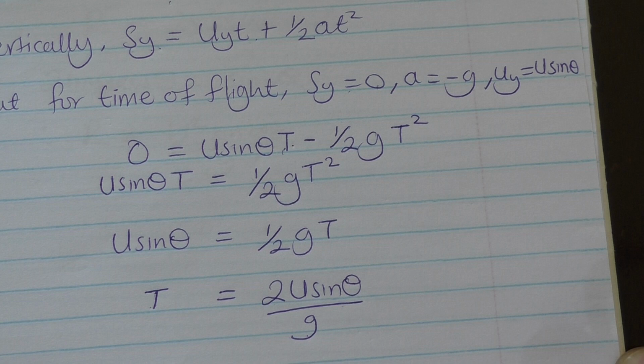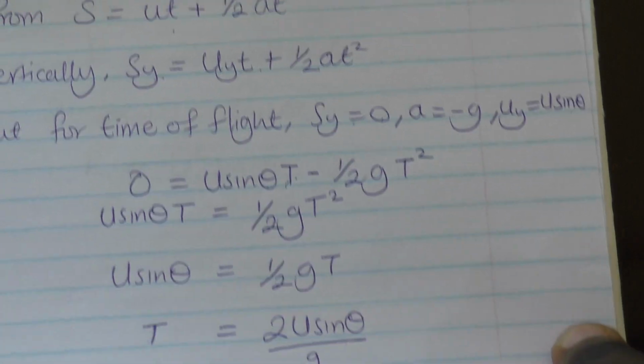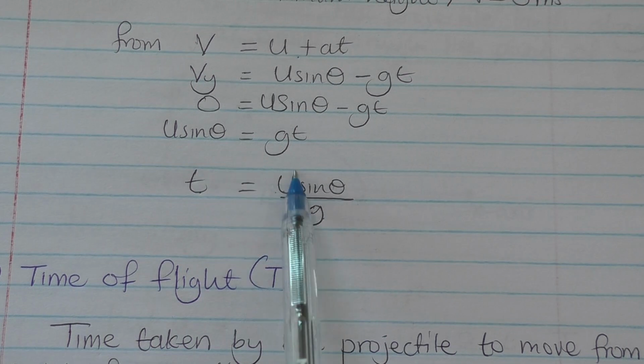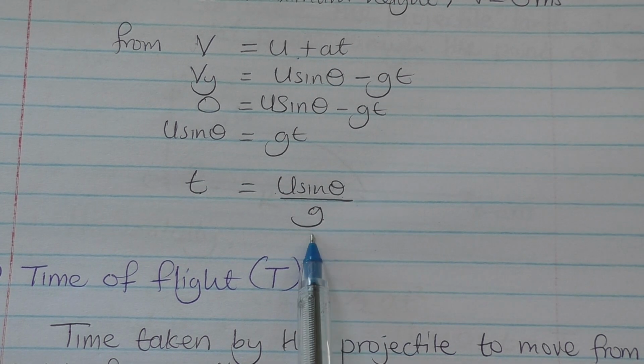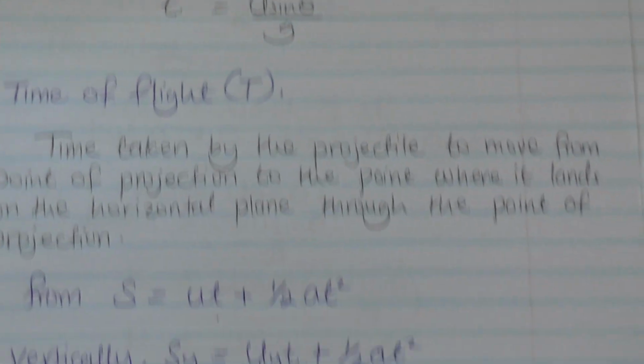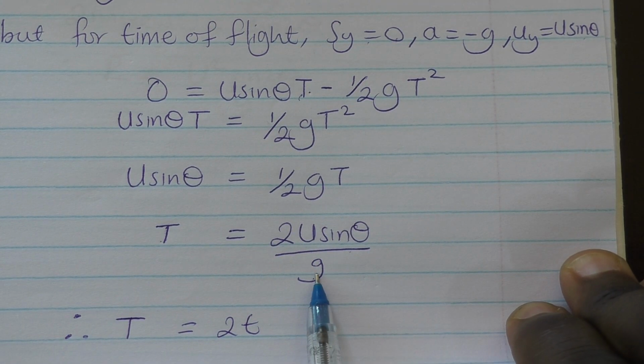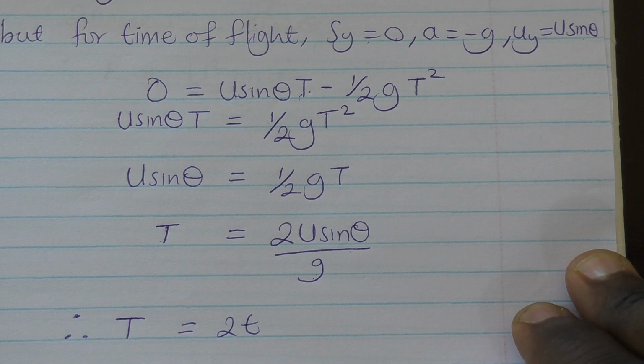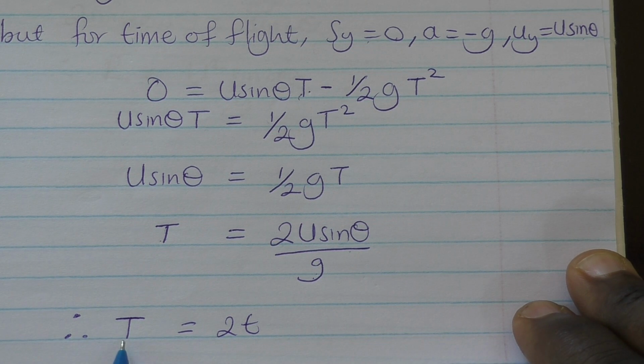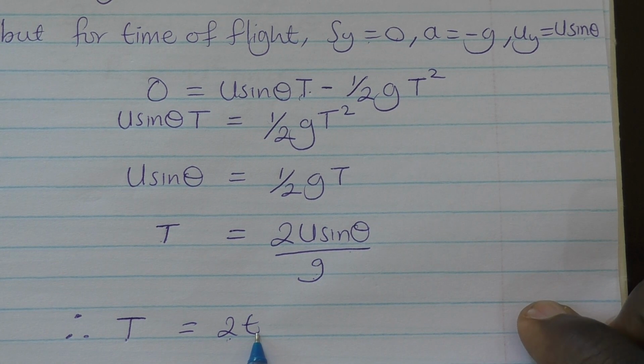So you note that when we were looking for the time to reach maximum height, that time was u sin theta over g, yet the time of flight is twice u sin theta over g. So that concludes that the time of flight is twice the time taken to reach the maximum height.